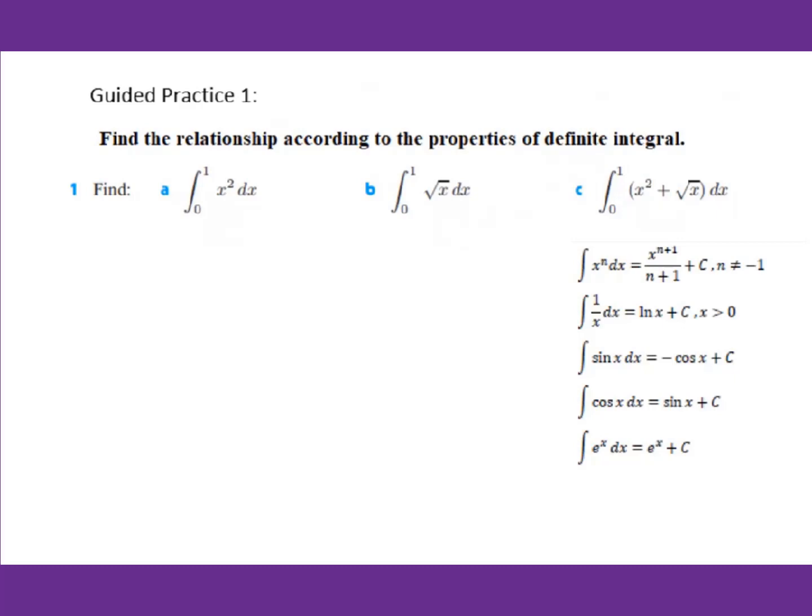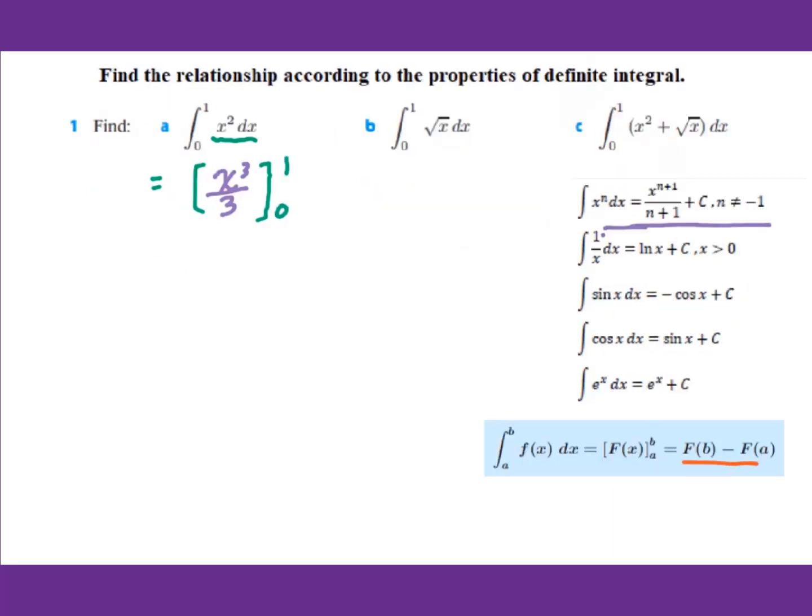For A, first of all, you will work out the integral of x squared. According to this formula, we will get x to the third power over 3 from 0 to 1.